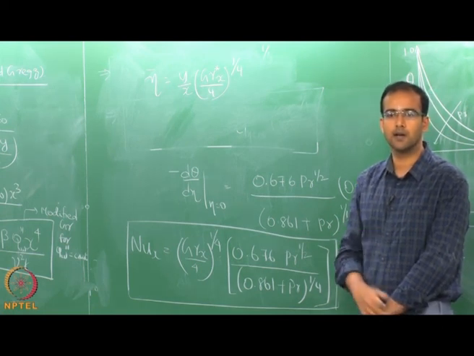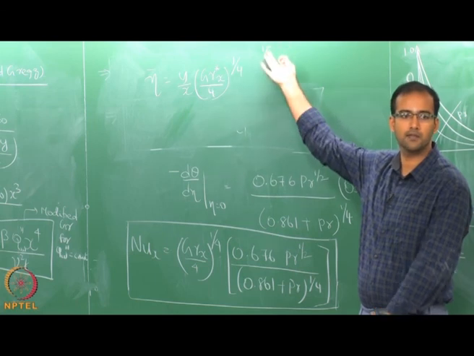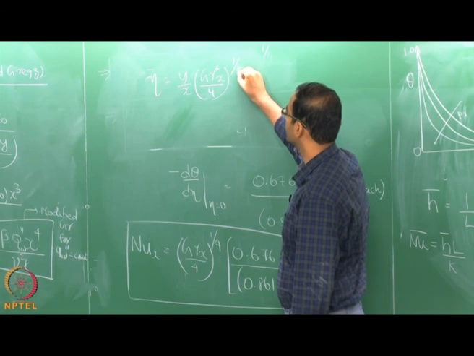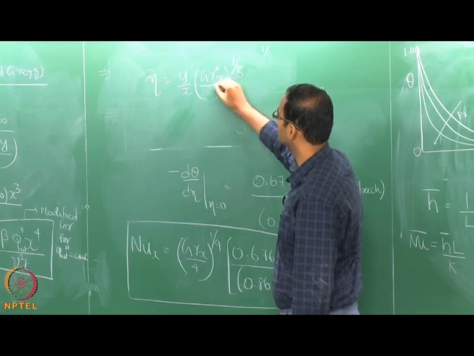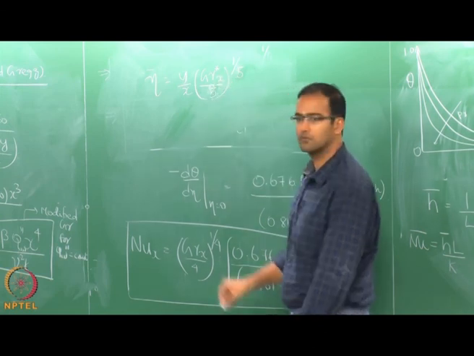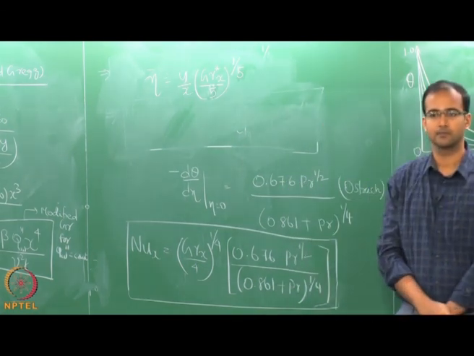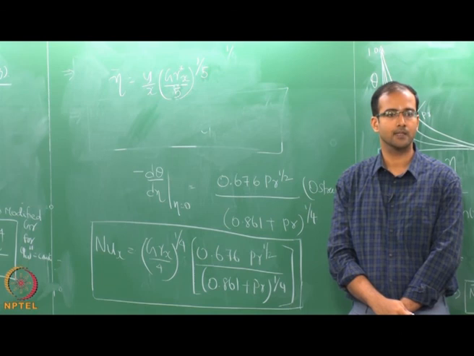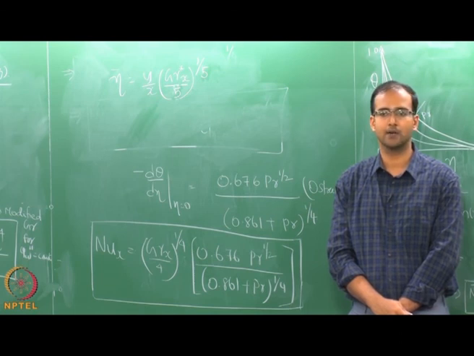So, you will have a similarity variable which is only a function of y, which is not possible, correct. Therefore, you have to modify the definition of similarity variable for this case. How Sparrow and Gregg did it was just changing the 4 to 5. So, now the functional dependence of eta on x and y is retained.